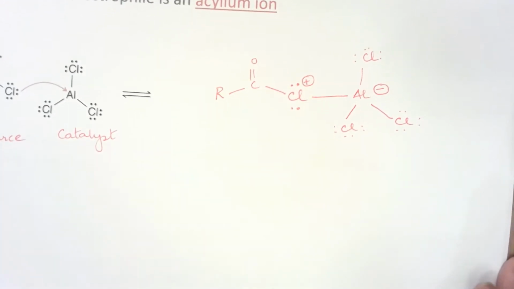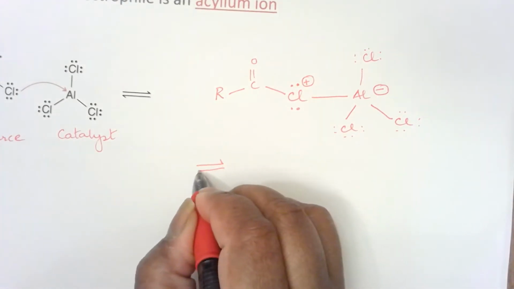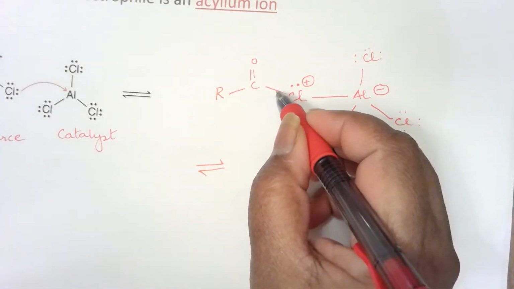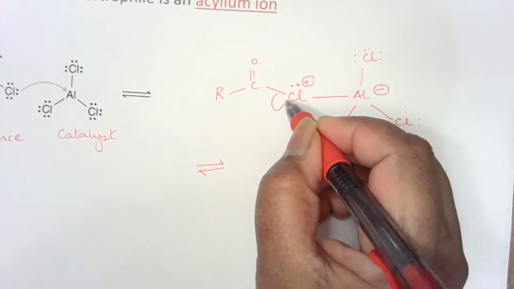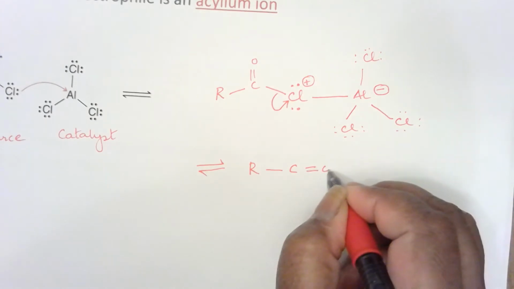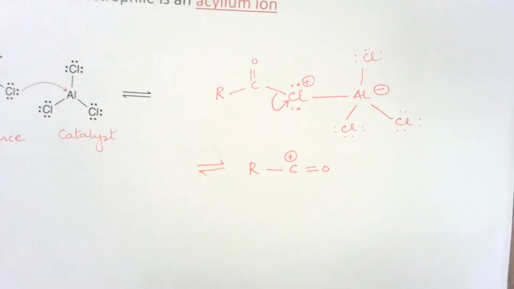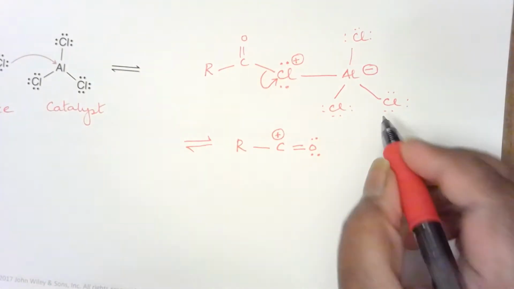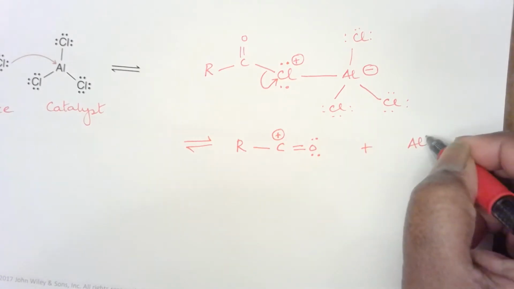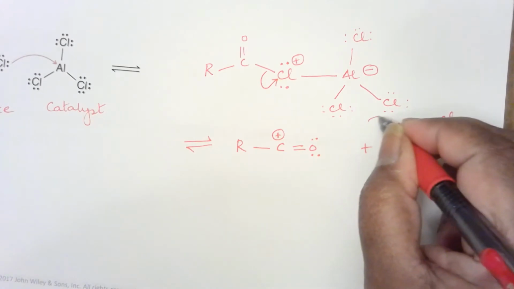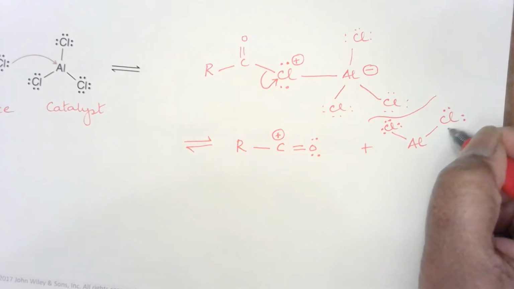Now, instead of forming the carbocation, like in the case of the alkylation reaction, this forms an acylium ion. Okay, positive charge is on the carbon. And then the conjugate base of the acid is produced.